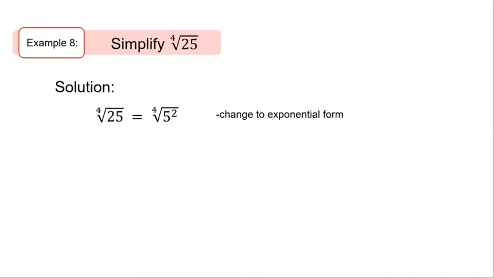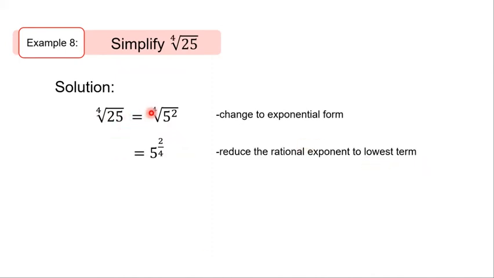Example 8, simplify the 4th root of 25. So, first step natin is to change it to exponential form. Kaya naman, yung 25 natin naging 5 squared. And from here, pwede pa natin itong i-change to another exponential form.